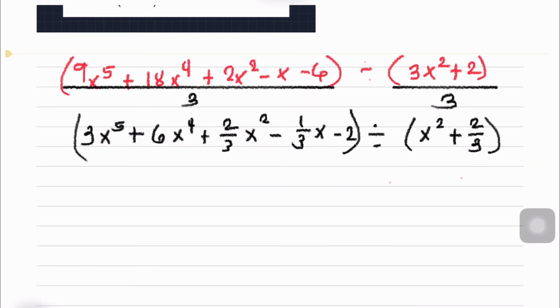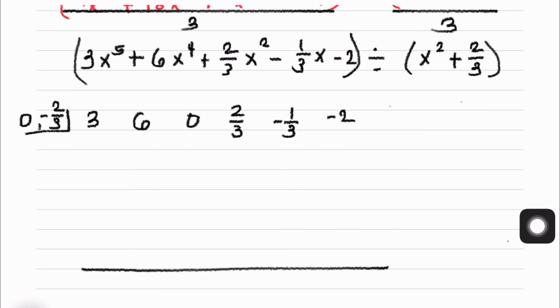Now, let us write the coefficients of our new dividend, which are 3, 6, 0 for the term with x cubed, 2/3, negative 1/3, and negative 2. Now, what do you think are the numbers should be written on the corner? The first one is 0, and the second one is, right, negative 2/3.